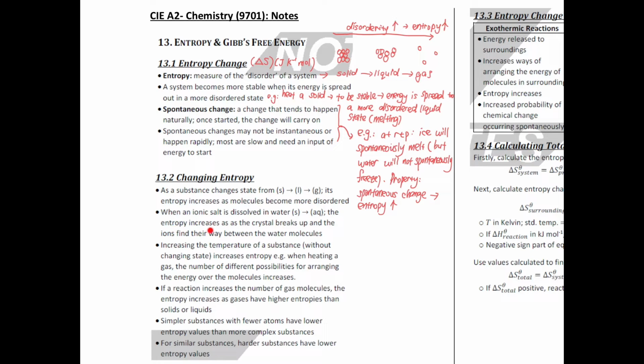So the entropy increases as the crystal breaks up and the ions find their way between the water molecules. Try to imagine what happened, especially in terms of disorderliness. They are more disordered. So because of that, entropy increases when the solid dissolves in aqueous.